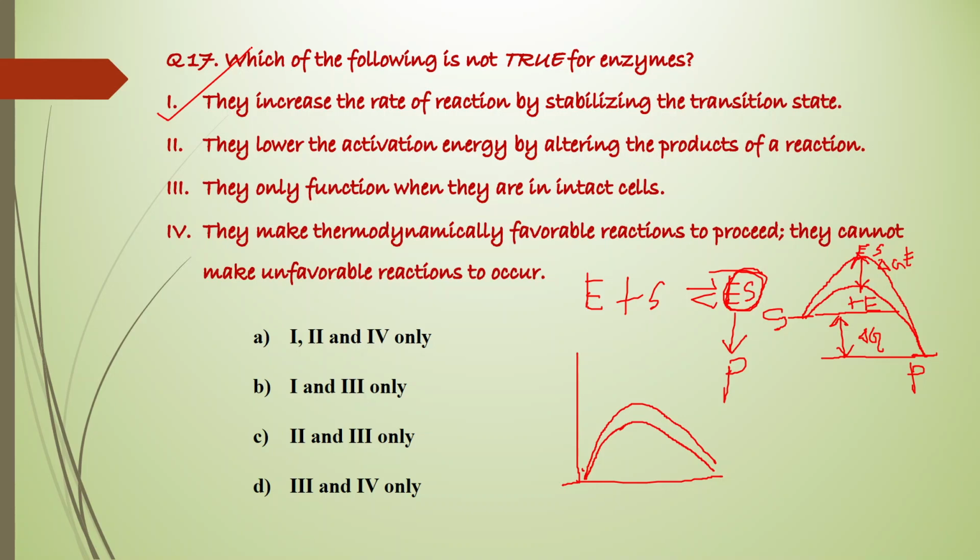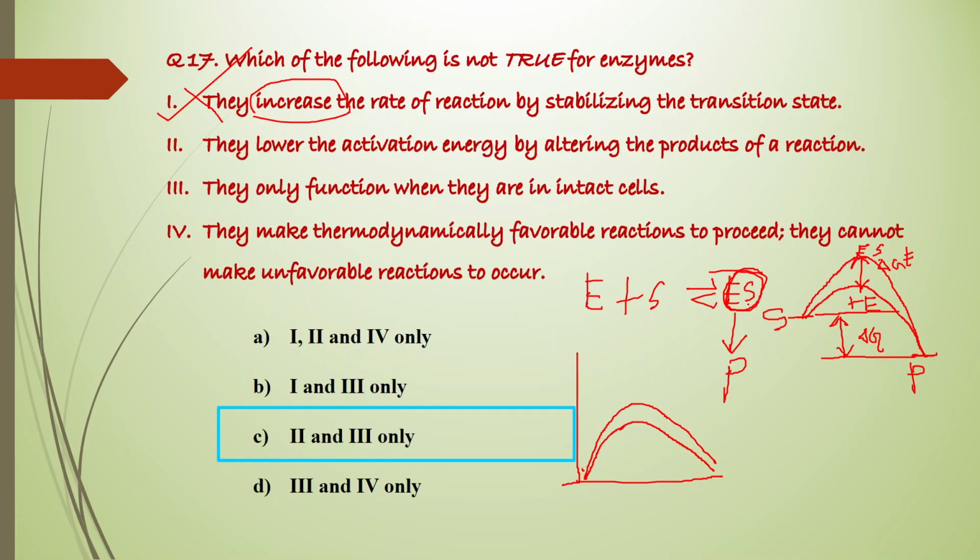The next statement says the lower the activation energy, sorry, one second, I just wrongly read the first statement, very sorry. Every time I am explaining that it decreases the activation energy, but here it is written as they increase the rate of the reaction. So obviously this is a wrong one. Whatever I explained is the correct one. They are decreasing the activation energy that is required to get to the transition state.